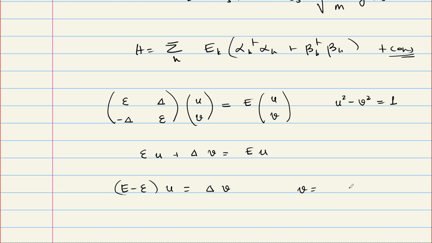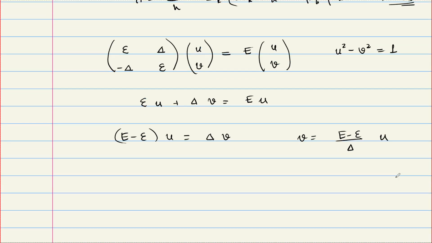Or v is equal to E minus epsilon divided by delta times u. Now I plug this in here. Then I have u squared times 1 minus (E minus epsilon) squared over delta squared is equal to 1.